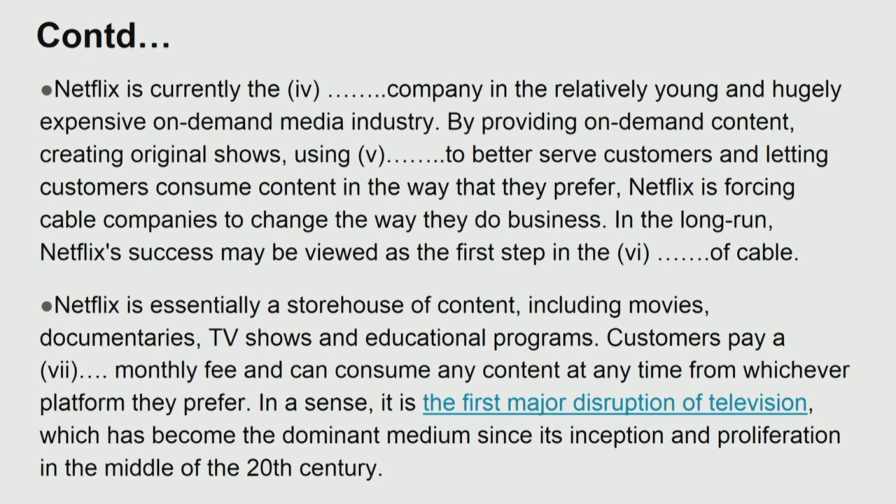Netflix is essentially a storehouse of content, including movies, documentaries, TV shows, and educational programs. Customers pay a dash monthly fee and can consume any content at any time from whichever platform they prefer. In a sense, it is the first major disruption of television, which has become the dominant medium since its inception and proliferation in the middle of the 20th century.